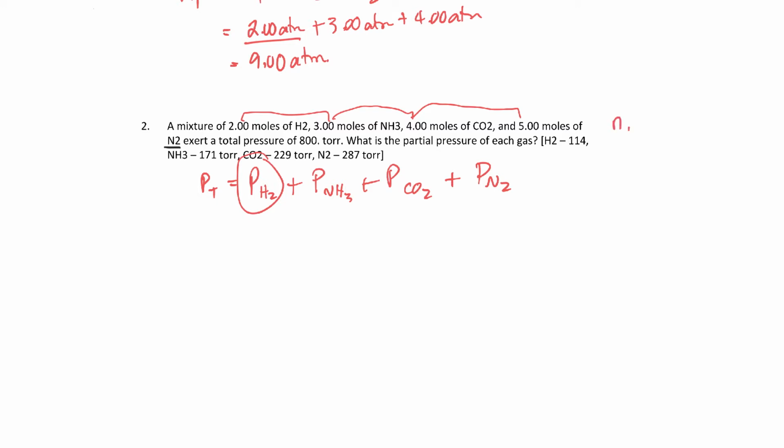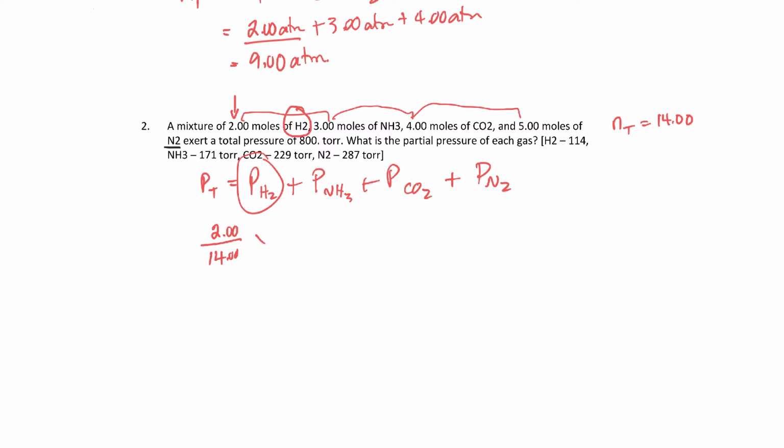So the number of moles total in the system is 14 moles. To know the impact of the hydrogen, it only has 2 of those moles. So for hydrogen, it would be 2 moles out of 14 moles. That would be the portion of the total system due to hydrogen.